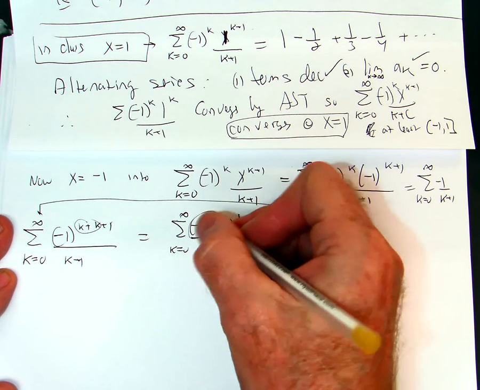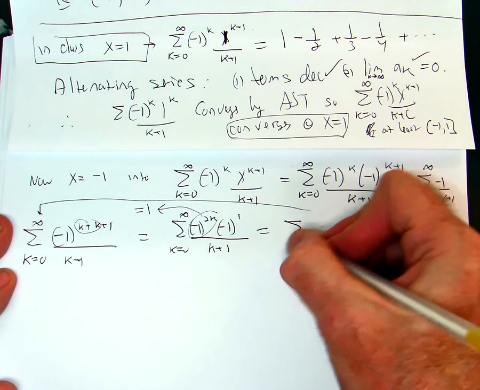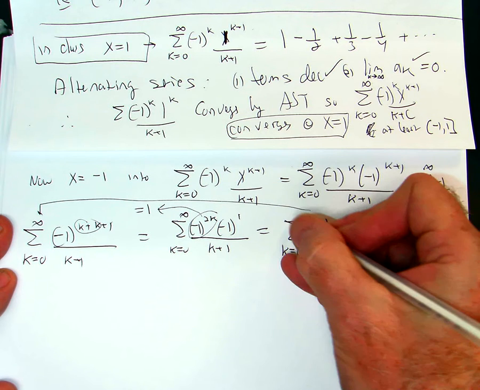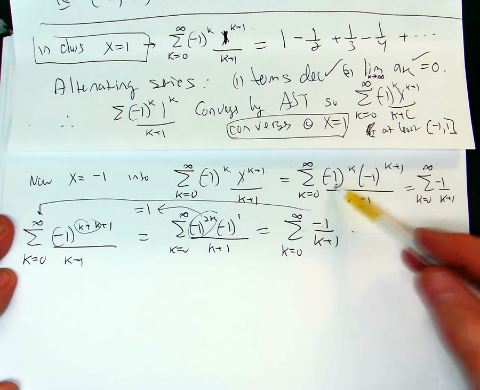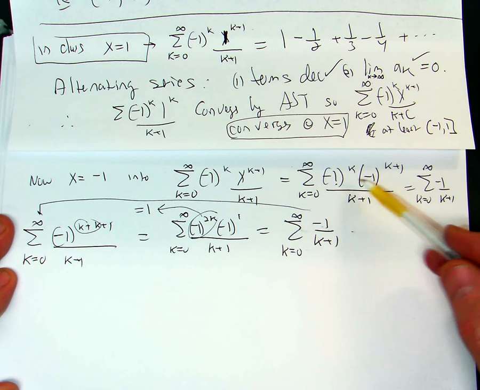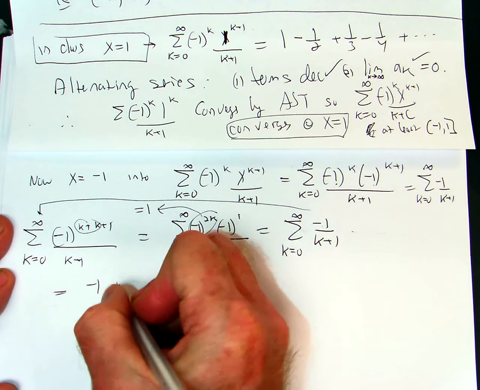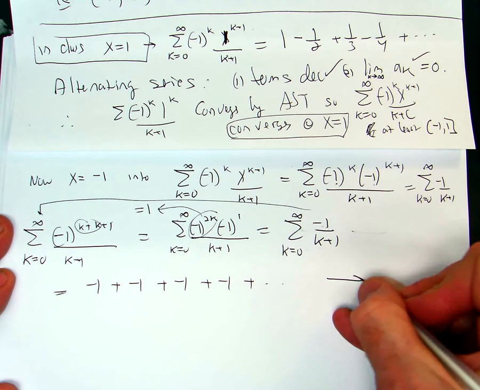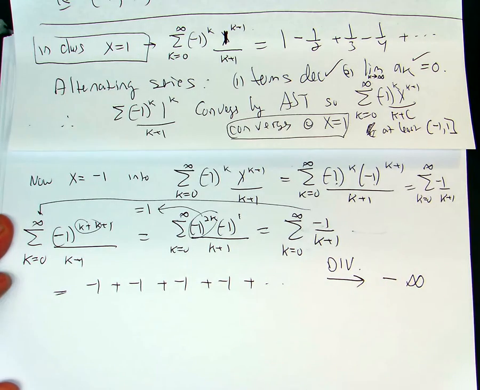This is always positive, so this becomes the series with -1 over k plus 1. Or you can just see it from here. This is negative when k is odd, and this makes it negative when k is even, so it's always negative. So this series is equal to -1 plus -1 plus -1 plus -1, and so on, and that diverges to -infinity.